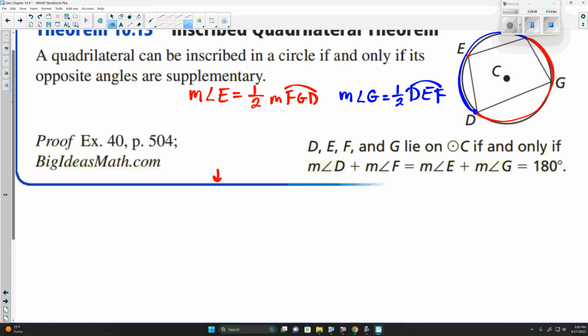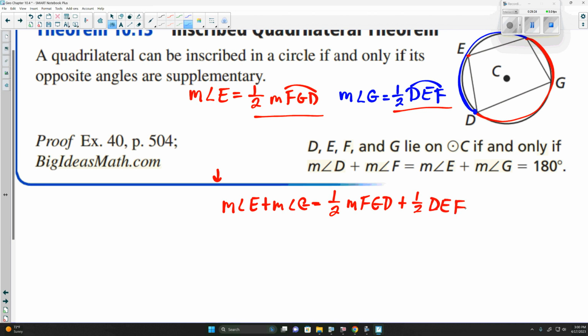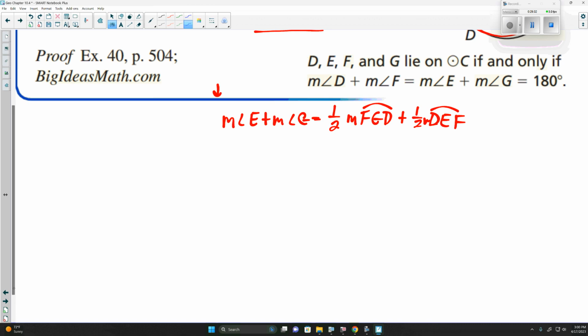Now if I add these two angles together, measure of angle E plus the measure of angle G, the two angles that are across from each other, I can also say that this is equal to half the sum of these two arcs. Are we good with saying this so far?